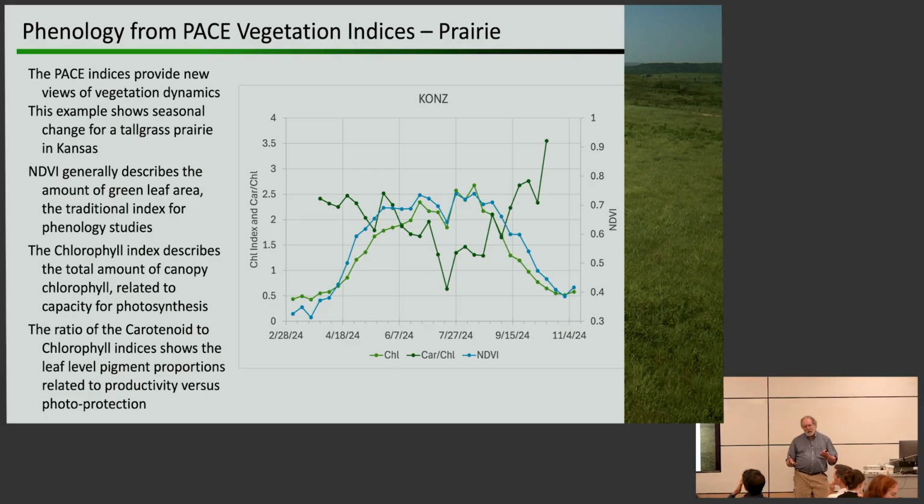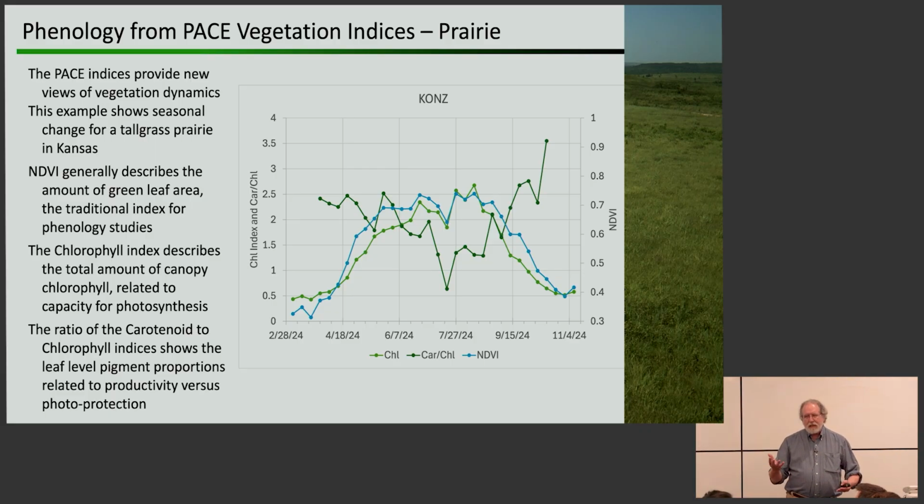And if you think about these indices, basically, again, what's driving the chlorophyll index, for example, is the amount of chlorophyll in the leaves and the amount of leaves, the leaf area. And that's the same for the carotenoid index. So when you take that ratio, what you're doing is you're kind of canceling out that leaf area value for the most part, and you're really kind of getting closer to the change in the foliar proportions of carotenoids to chlorophyll.